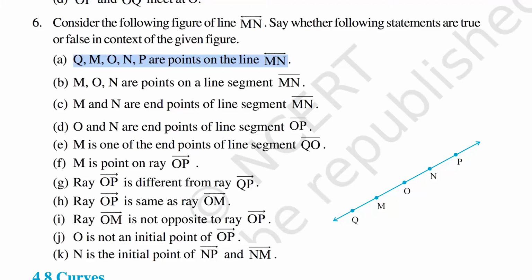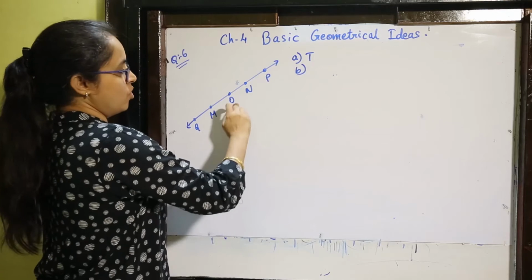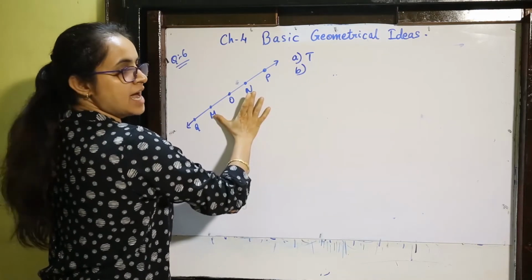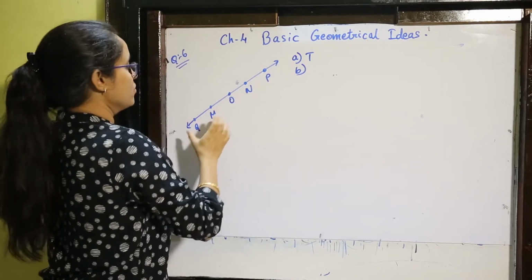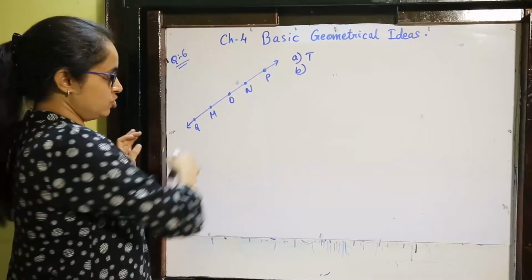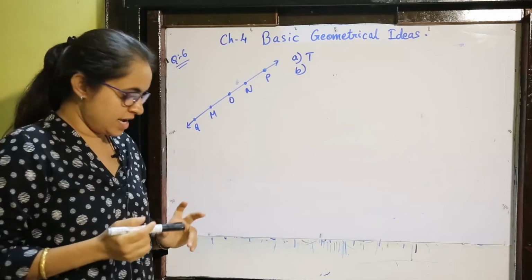I am writing A, T. Now B. All these points Q, M, O and P are on line MN. You can say line MN, you can say line OP, you can say line QO, you can give any name to this line, because this is the same line on which all the points are there.